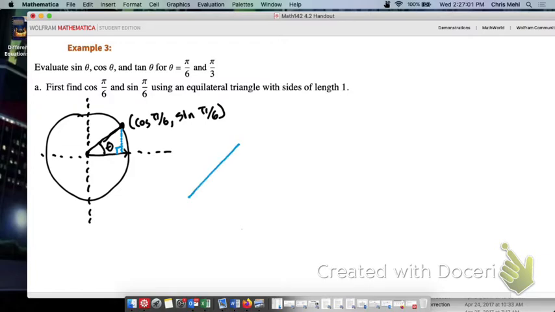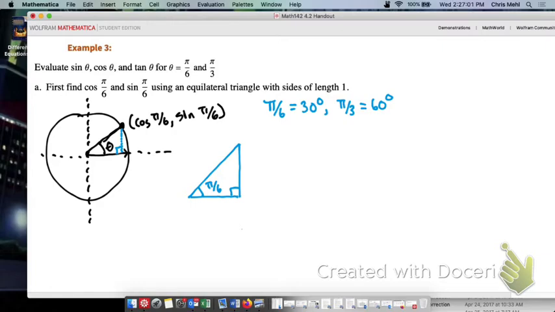And let's see. So here's my triangle. The angle right here is pi over 6. Now you can do a conversion. It turns out that pi over 6 is a 30-degree angle. And it turns out that pi over 3 is a 60-degree angle, just to help us.